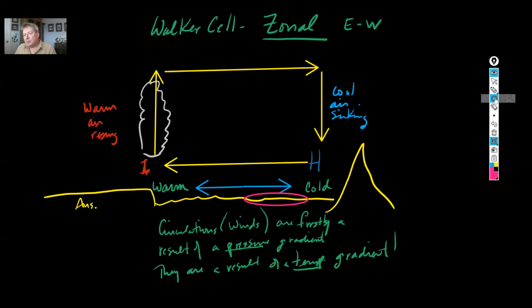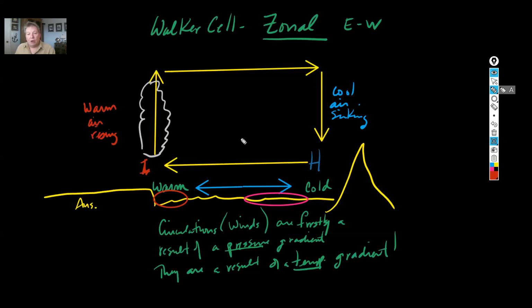Typically speaking, we are going to say that the water near the Australian, Indonesia, Papua New Guinea area is always going to be warm. It's this water here in the El Nino region 3.4 that is going to be warmer than normal, which means that the difference is less. The gradient is less. And that means this circulation weakens.